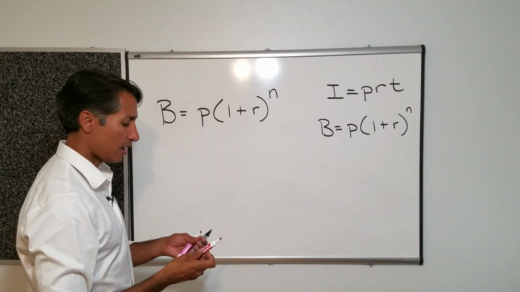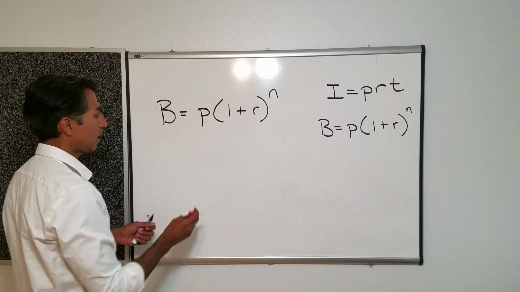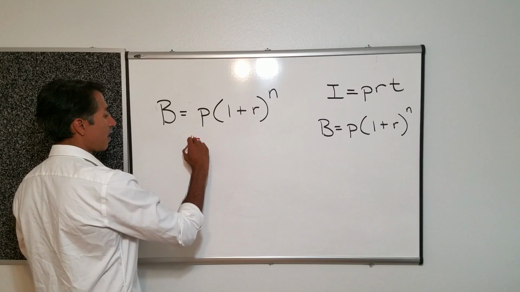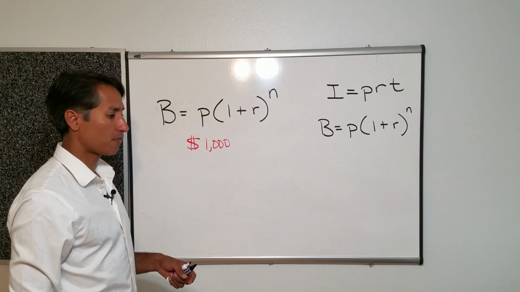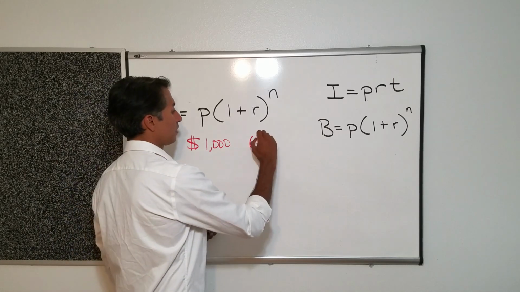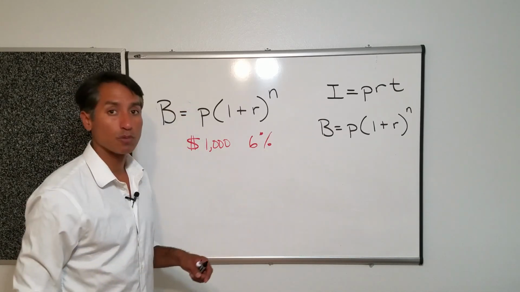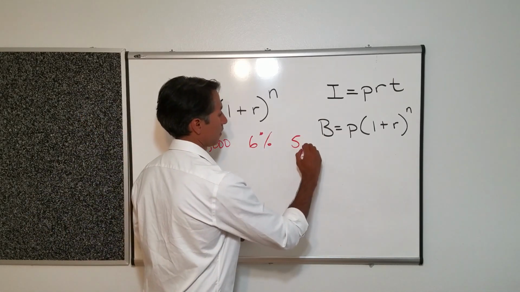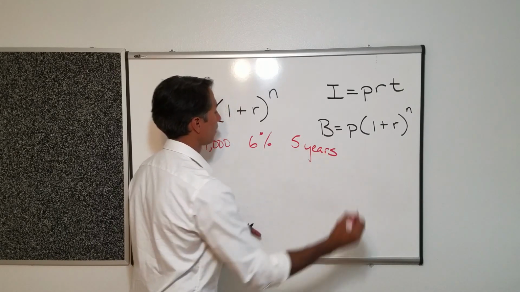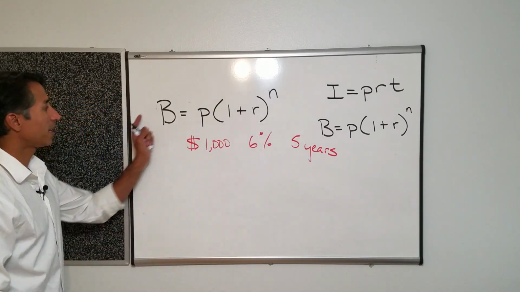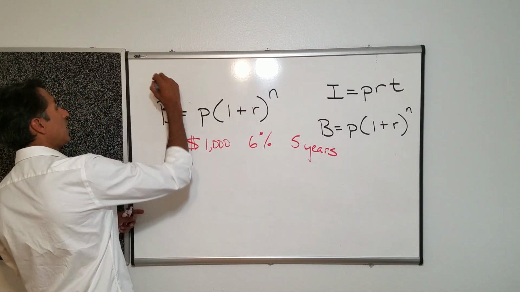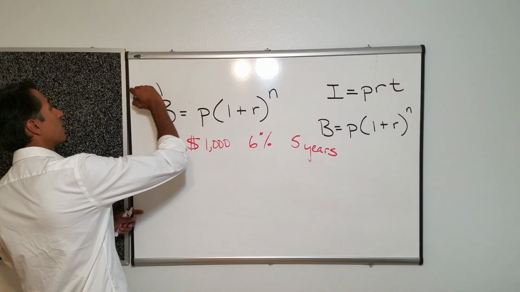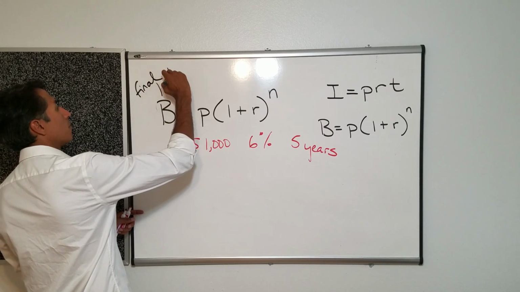Okay, let's see here. We'll say we start off with $1,000. We'll say 6% interest again, and we'll say 5 years. Well, I guess we should go through the equation and label all this stuff. So B, a capital B, is the final balance.